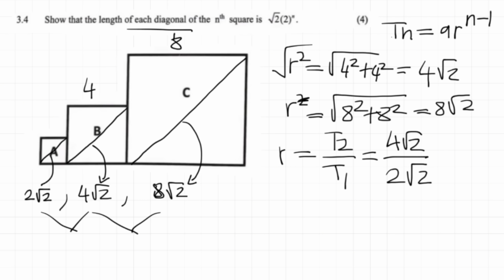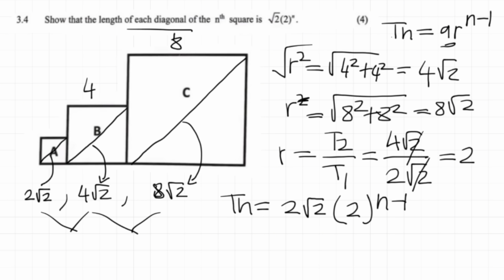The root 2 cancels, and 4 divided by 2 gives you 2. So R is 2. So Tn is equal to A, which is 2 root 2, times R, which is 2, to the power N minus 1. So how did they come up with this N that is alone there, and how did they eliminate that 2?